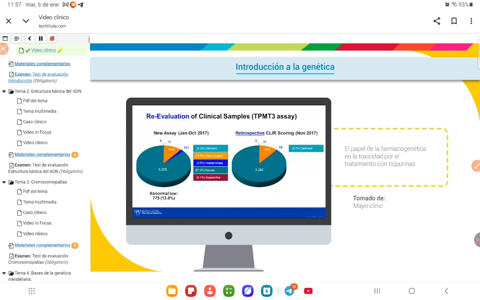Today, 0.3% will be reported as deficient, 11.1% as heterozygote, only 0.3% as indeterminate, 88.2% as normal, and still 0.1% as hyperactive.